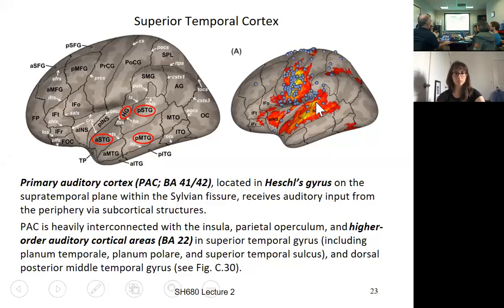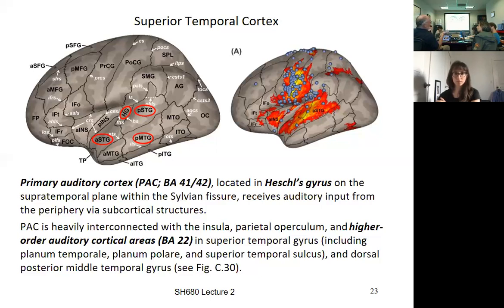Those differentially activate the anterior, the higher order areas, but not the primary very much. Another way of putting that is that higher order auditory cortical areas are more interconnected with the attentional system or the cognitive systems of the brain. I should have defined this earlier, but does everybody know what I mean when I say higher order auditory cortical areas? Okay.